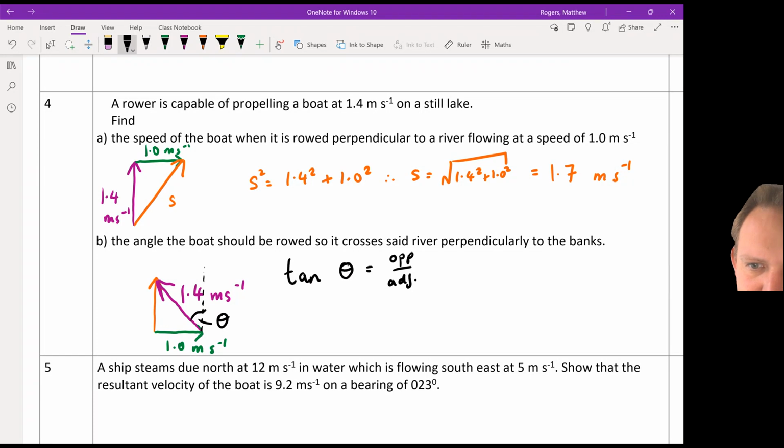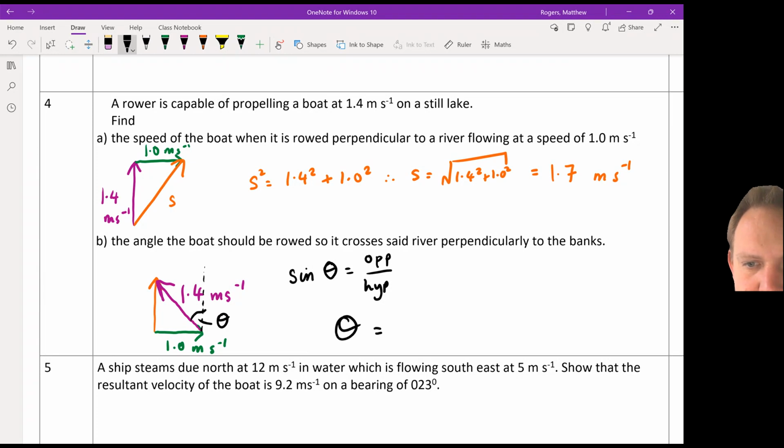The size of the adjacent side, no, we don't know. So we don't want the tan function. We know the opposite side and the hypotenuse, don't we? So let's try again. Sine theta is the opposite over the hypotenuse. There we are. So we can see the hypotenuse of the triangle and the opposite side of the triangle.